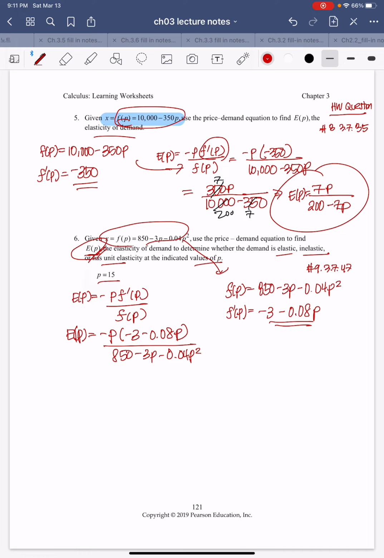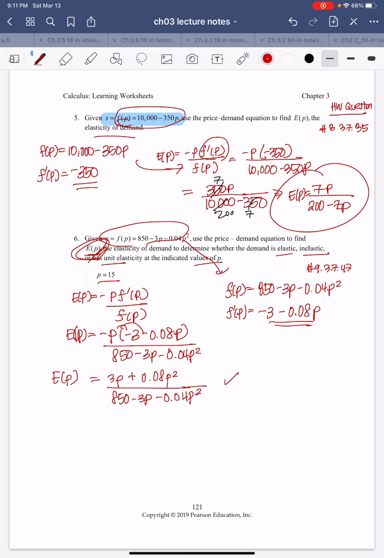So this will be, distributing, positive 3p, positive 0.08p squared, and then the bottom has nothing to combine, so it stays the same. That's your E sub p. So that's the first part. We found the E sub p.